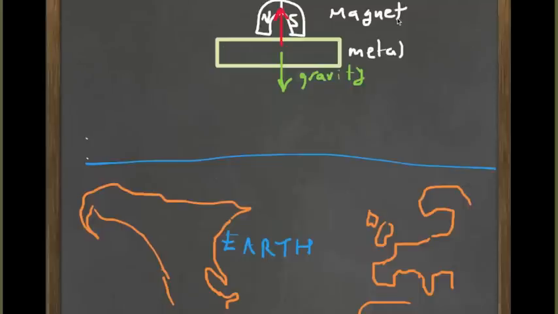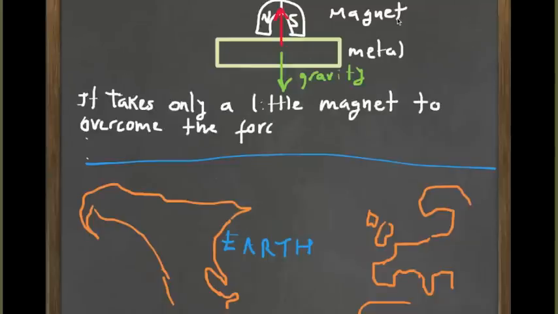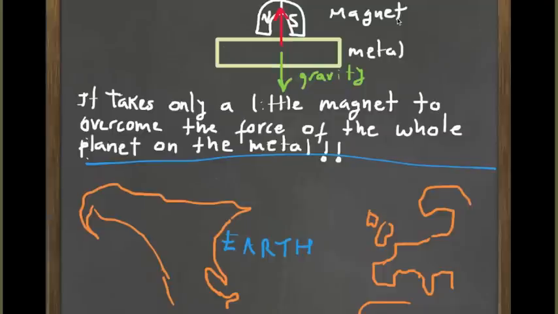We all know that using a small magnet we can hold a piece of metal in place. Now think about this. It takes only a very small magnet to overcome the force of the whole planet Earth acting on this piece of metal. See, that's how strong the electromagnetic force is compared to the gravitational force. A small magnet can defeat the force of gravity due to the whole planet.